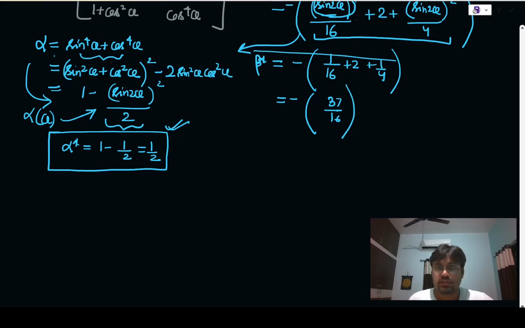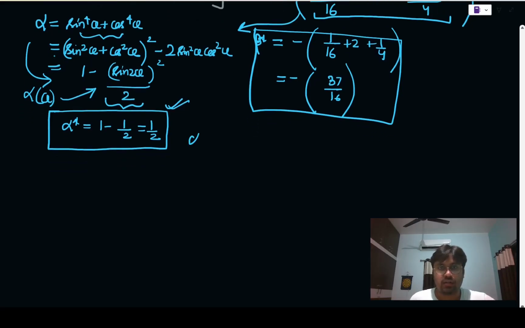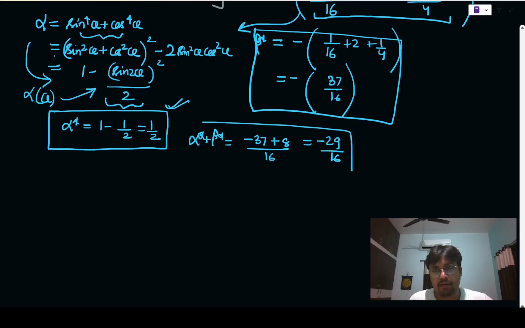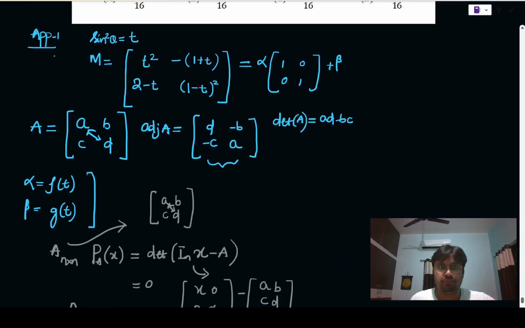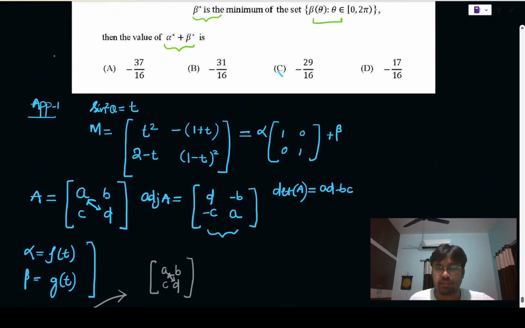So this is beta star and this is alpha star. So alpha star plus beta star is minus 37 plus 8 upon 16 or minus 29 by 16. This is the answer for this given problem, which is option number C.